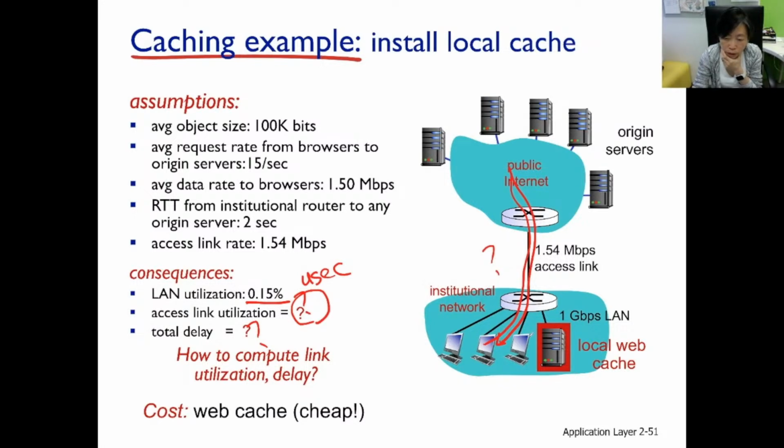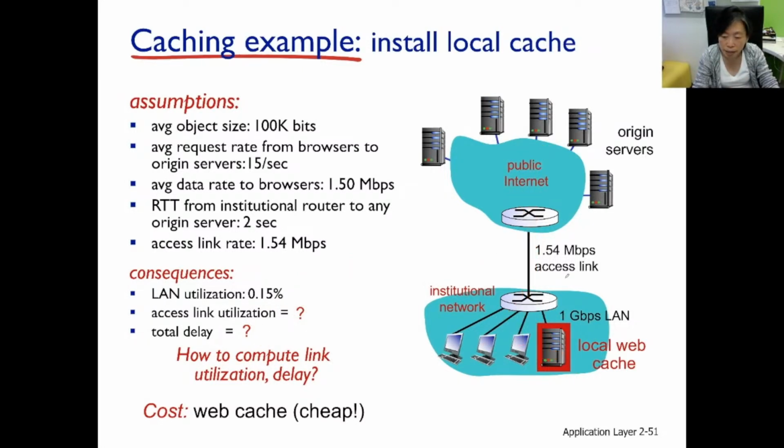If you think about it a little bit more, doesn't that depend on, for all these web requests we send to the proxy server, how many of them are going to be satisfied locally? Therefore, we could just transmit the object from the web cache through the LAN to the clients without going all the way up to the servers.